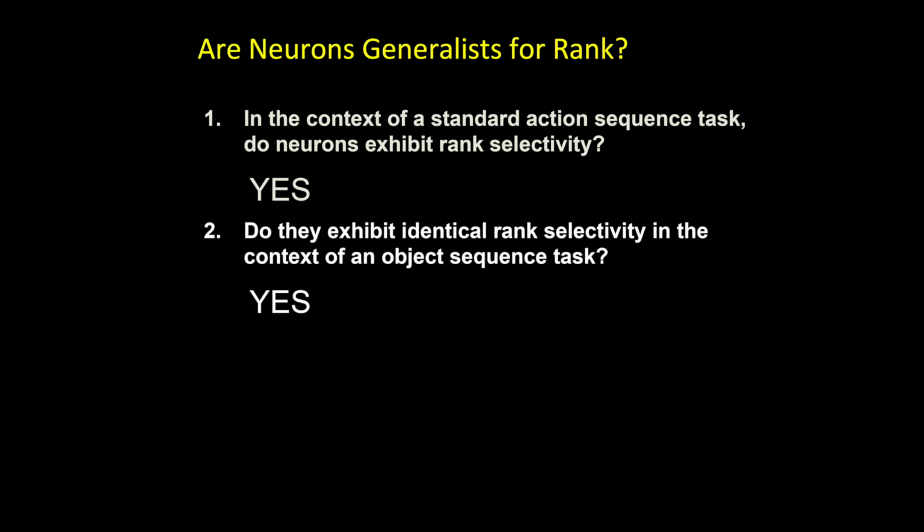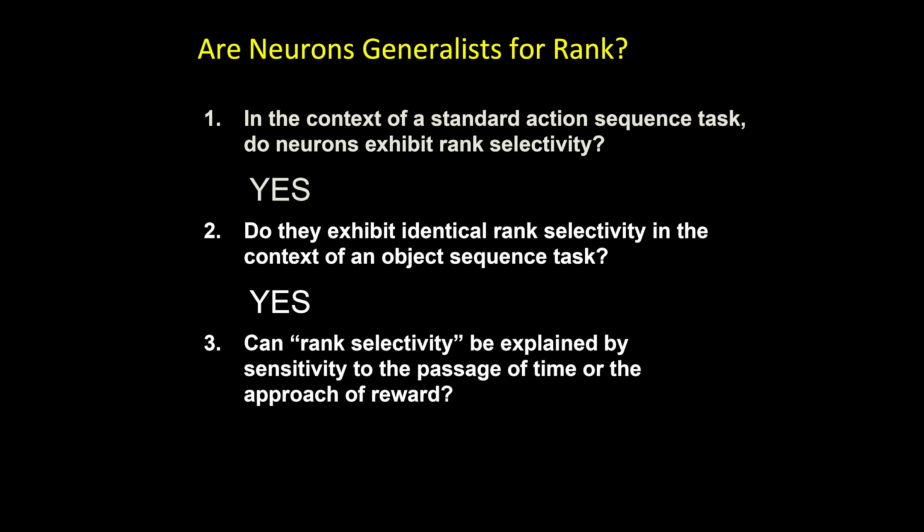However, we have to consider the possibilities that there are other hidden variables which are common across the tasks. The first most obvious suspects for confounding factors of rank selectivity are the passage of time and the expectation of reward. Therefore, we pose the question: can this rank selectivity that we observed in two serial order tasks be explained by sensitivity to the passage of time or the approach of reward?